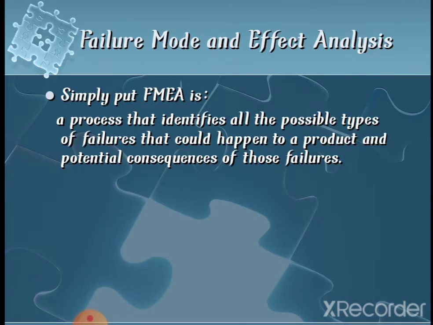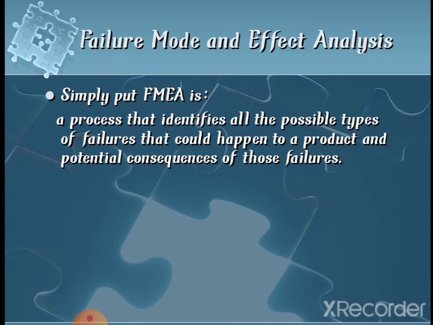Simply, FMEA is a technique used to identify, prioritize and eliminate potential failures from the system, design and process before they reach the customer. First we have to identify the failure, then recognize it, and then eliminate that potential failure. Then again we have to design the system and process before our product reaches the customer.